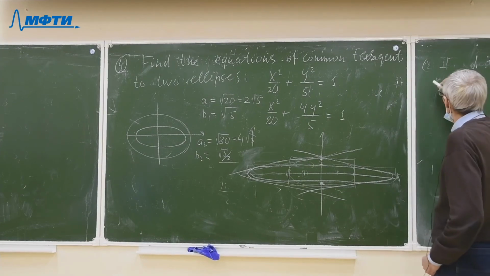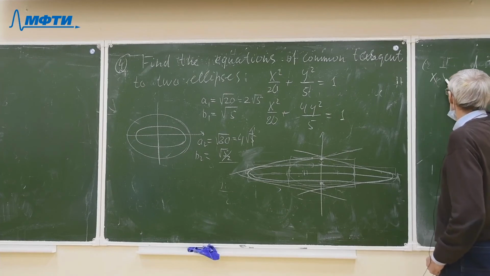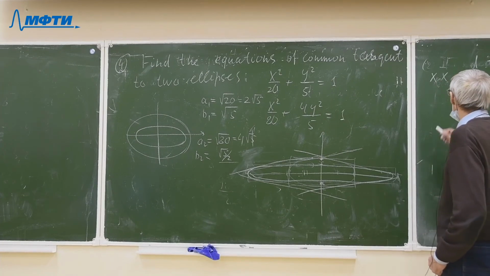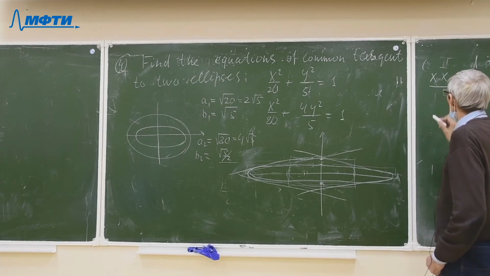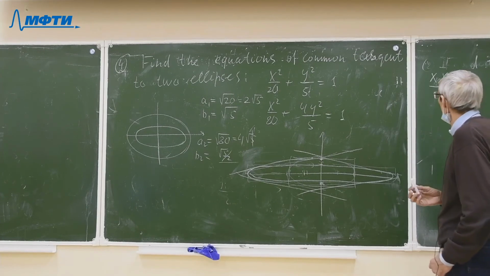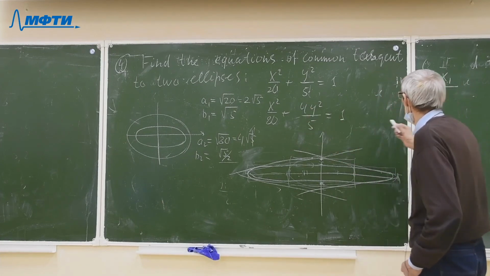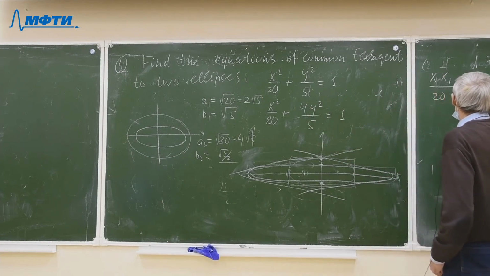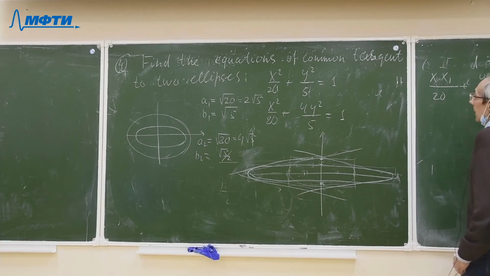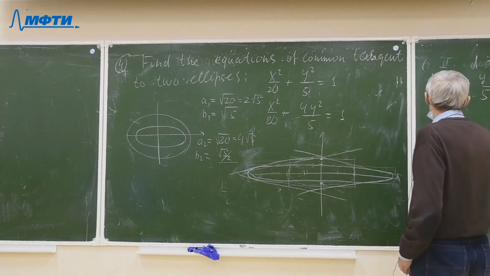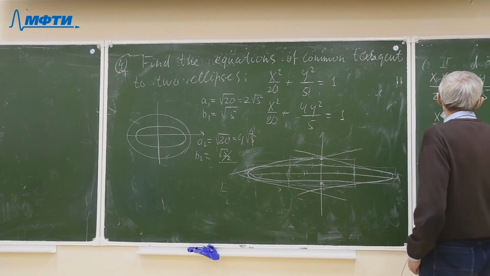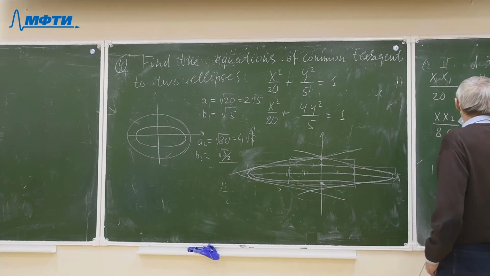The first family has the following equation: x x1 divided by 20 plus y y1 divided by 5 is equal to 1, and the second: x x2 divided by 80 plus 4 y y2 divided by 5 is equal to 1.